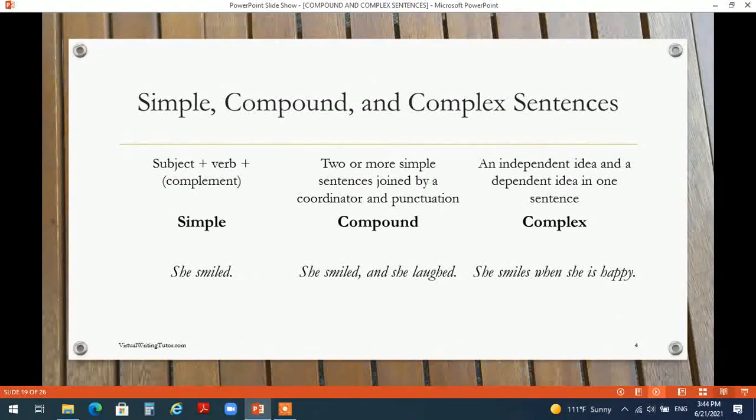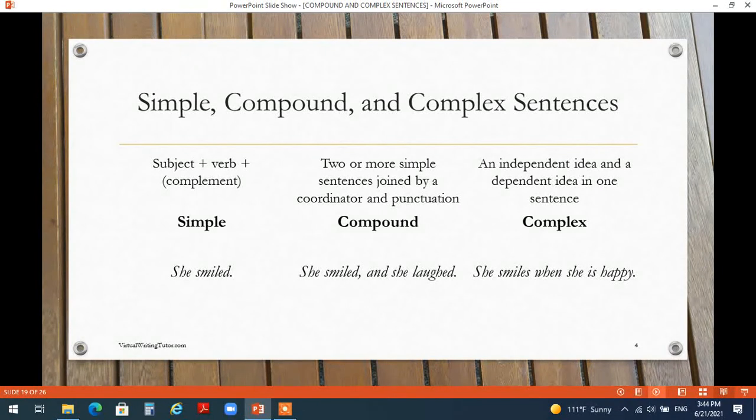أما بخصوص compound sentence, we have two or more simple sentences joined by a coordinator and punctuation. حتى نكون جملة مركبة نحتاج إلى عبارتين فعلية أو جملتين بسيطة نربطهما معا باستخدام one of the coordinators وباستخدام أدوات أو علامات الترقيم المناسبة اللي هي usually we use the comma.